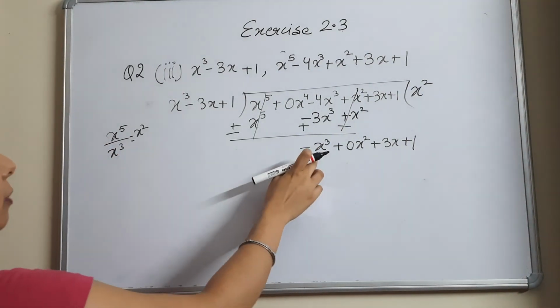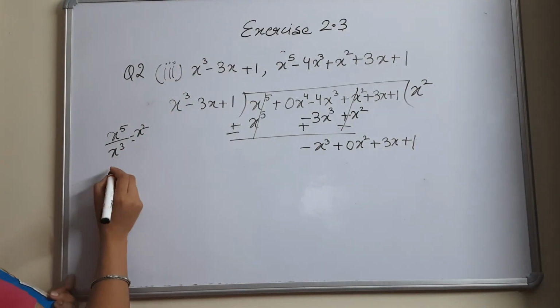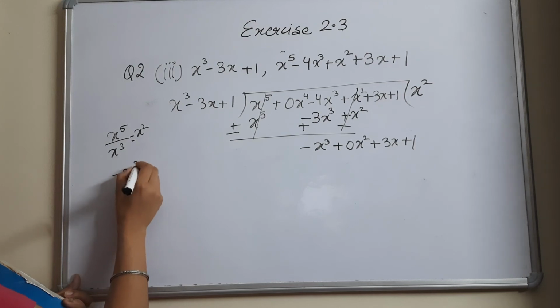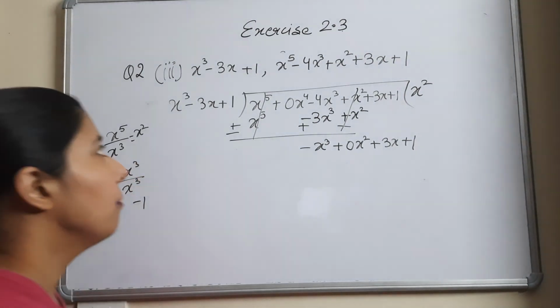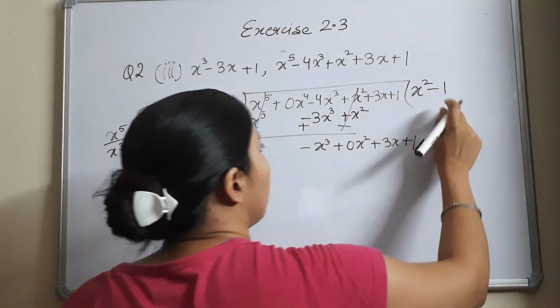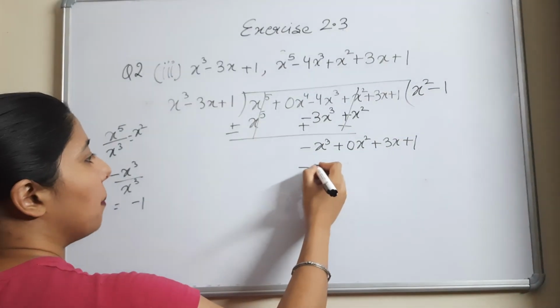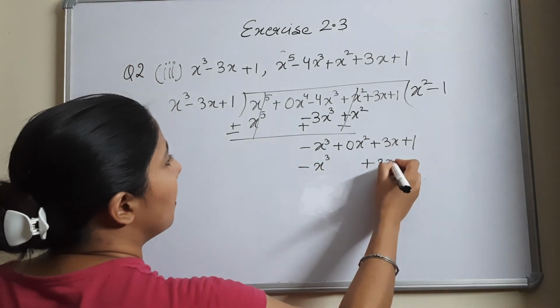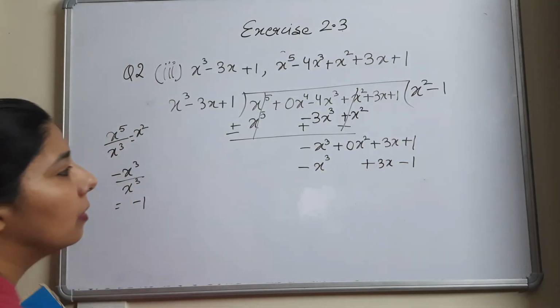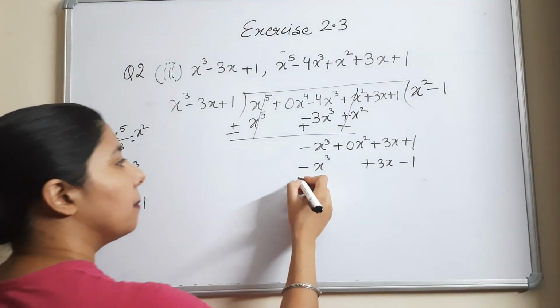Now do the calculation with this and this. Write it as minus x cube upon x cube. So you have minus 1. So the next term will be minus 1. Multiply minus 1 here. You will get minus x cube plus 3x minus 1. Now we will change the signs.